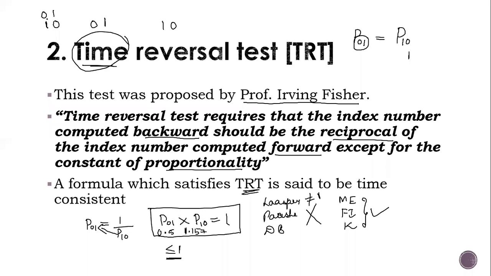So that reversal of time is the time reversal test, and this test will be satisfied. It will not be satisfied under Laspeyres, it will not be satisfied under Paasche, but it will be satisfied under Marshall and Edgeworth. I have made a proof. I gave you a simple example and I will give you a proof of how it is satisfying. The other three methods we'll see in the next class, which method is satisfied and which is not.